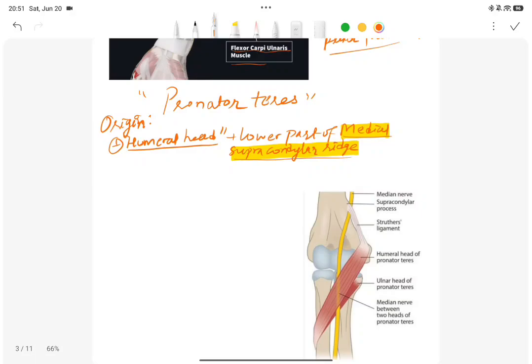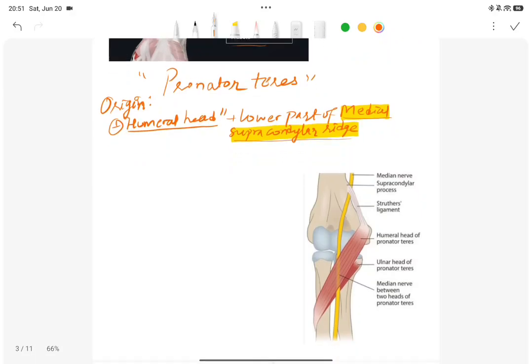It also arises from the anterior and lower part of the medial epicondyle. I will show this, it has not come yet, it comes gradually.